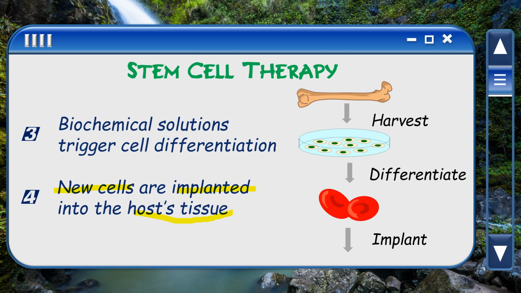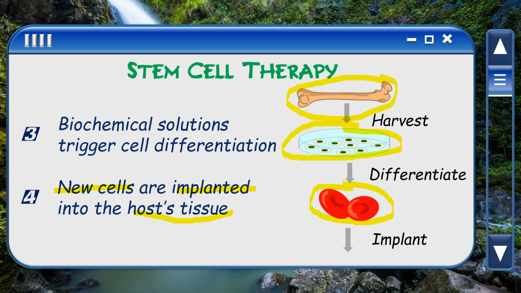These stem cells have been taken from the bone and given biochemical solutions which trigger cell differentiation. They have now turned from stem cells into red blood cells, and these can be implanted in the host's tissue.